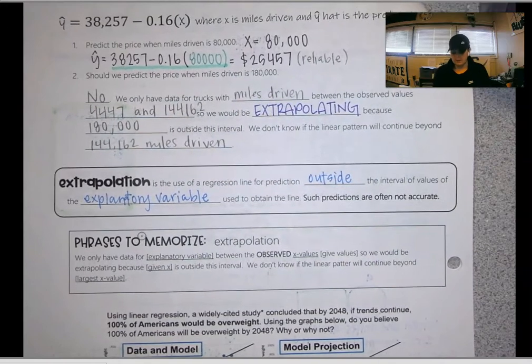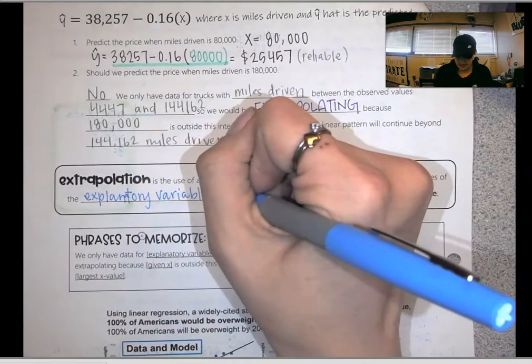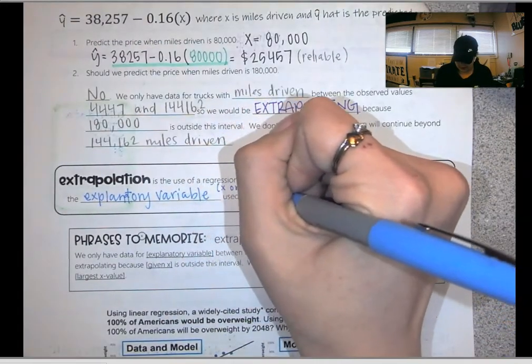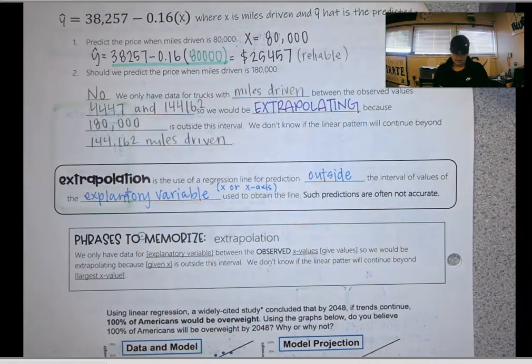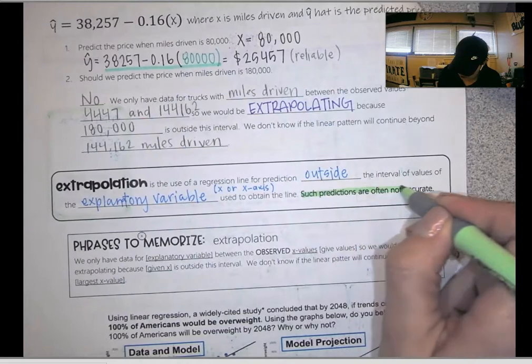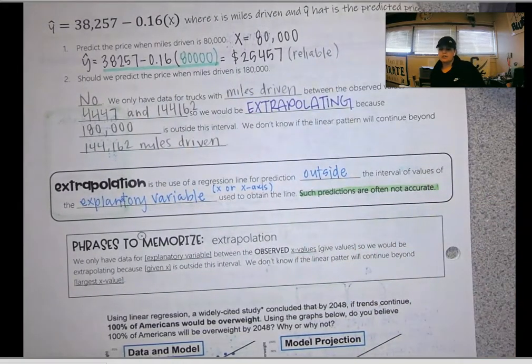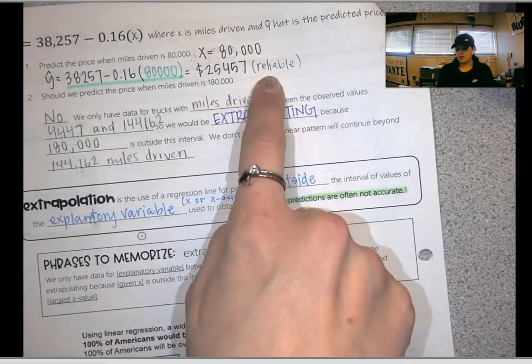Remember, explanatory variable is the x or x-axis. And then this last statement in our text box is very important. Such predictions are not accurate. We've also used the word here, not reliable.